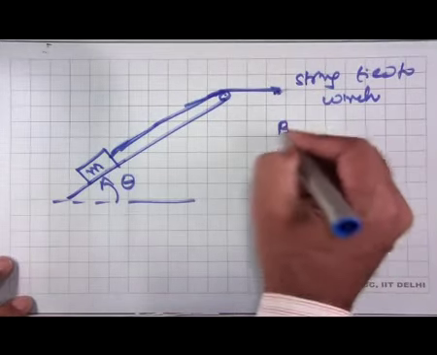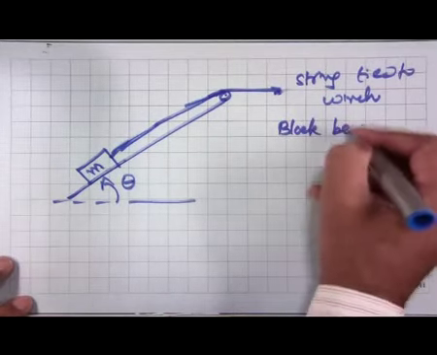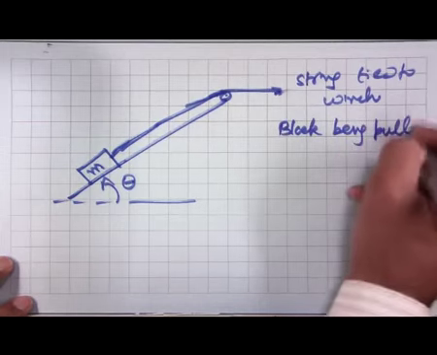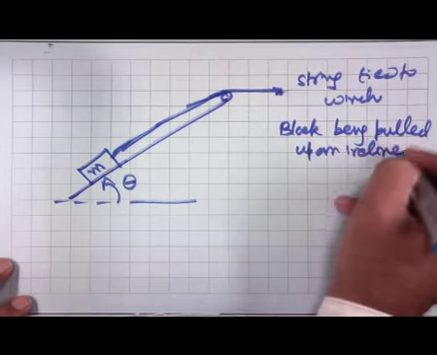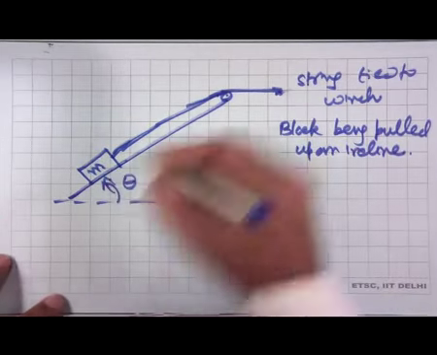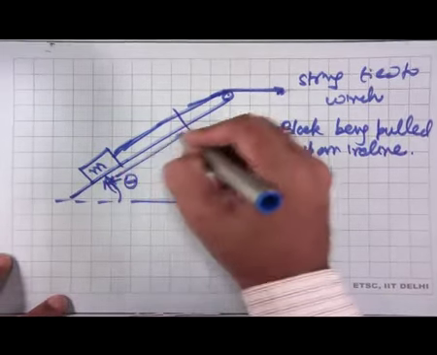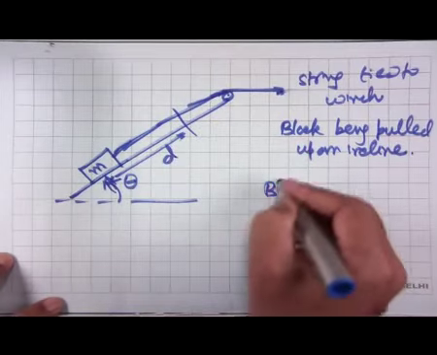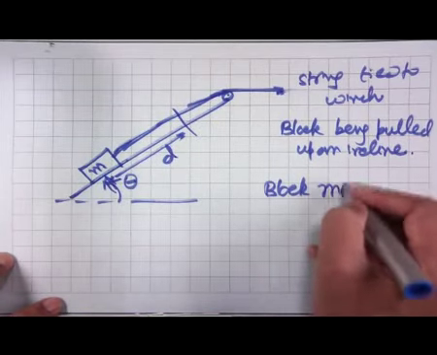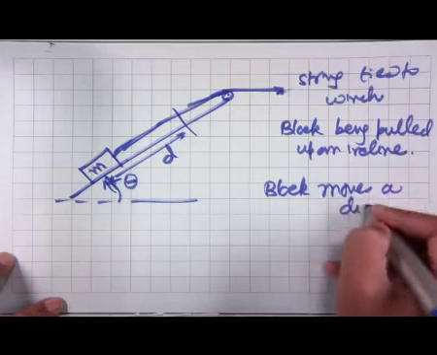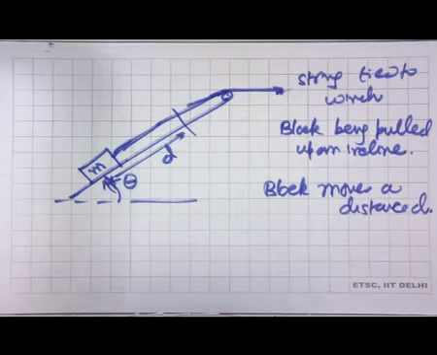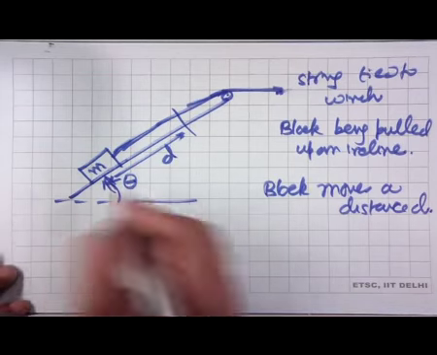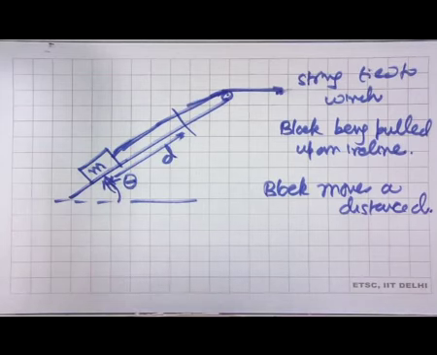So, a block being pulled up an incline. This incline is straight and the block moves a distance d. The angle of the ramp is theta.